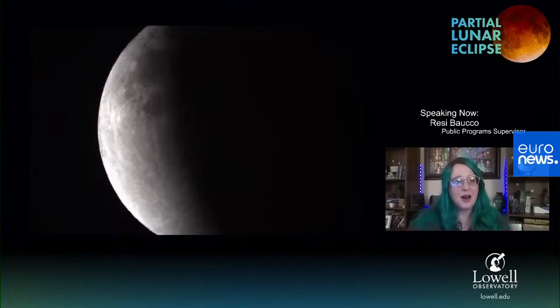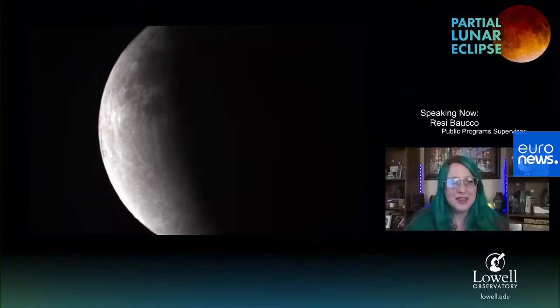So the length of a partial eclipse has to do with a couple of things. It has to do with how much of the moon is going to be in the Earth's shadow. For tonight, that's 99% of the moon. That's almost totality, right? So it's going to be in there for longer than a partial lunar eclipse that would maybe only be 50% in the Earth's shadow.